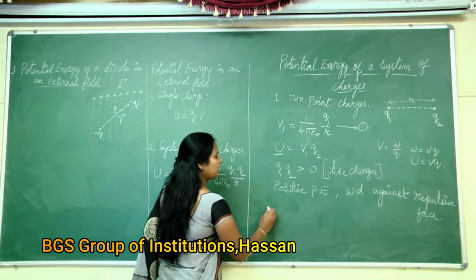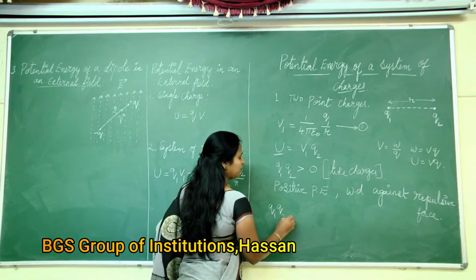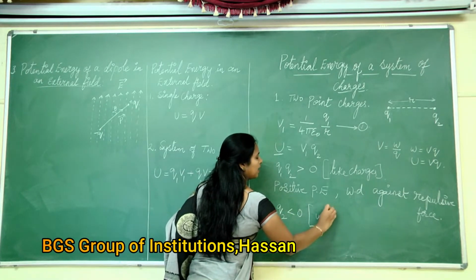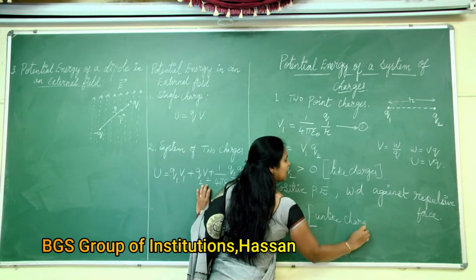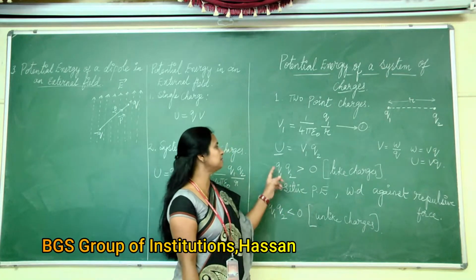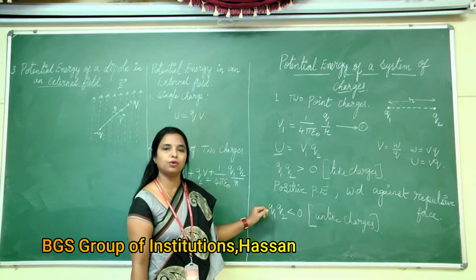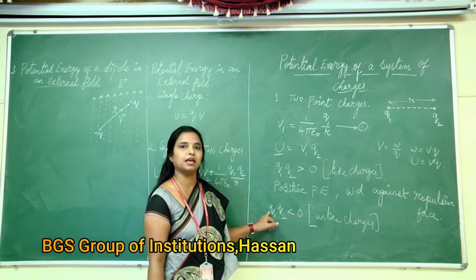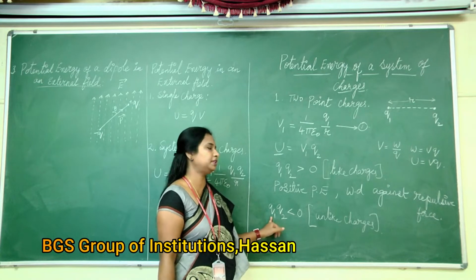In the same way, if you have unlike charges, then Q1 Q2 becomes less than 0. That is unlike charges. So in the case of unlike charges, we have a negative potential energy to bring or to move a charge from infinity to a particular point within the electric field, or against the electric potential, isn't it?